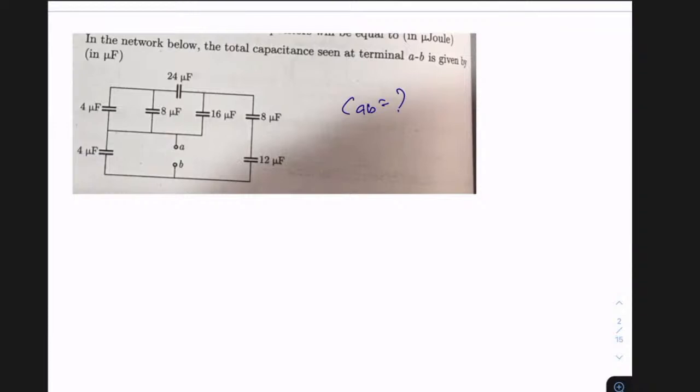This question looks very simple, like we have series-parallel capacitors, and yes, it is. But still, let me see how many of you are answering it. I'm giving you around 20-30 seconds of time. In that time, you should be able to tell the answer. Tell me.